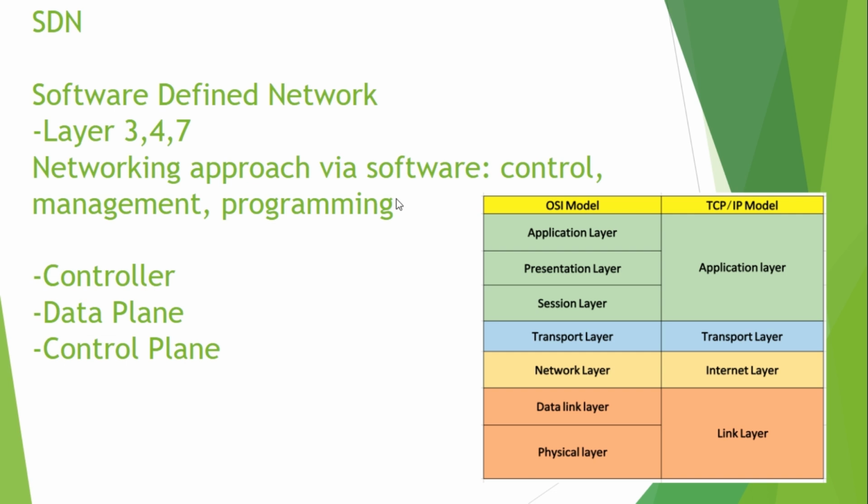And lastly, guys, we're talking about SDN, software defined networking. This operates here on layers 3, 4, and 7. And this here, guys, is a networking approach via software, control management, programming. Keywords you should definitely know when it comes to SDN are controller, data plane, control plane.